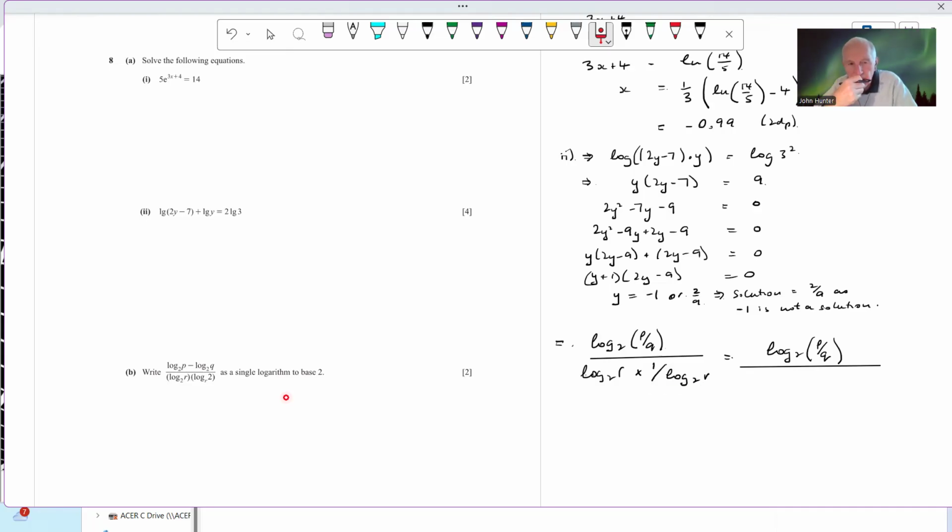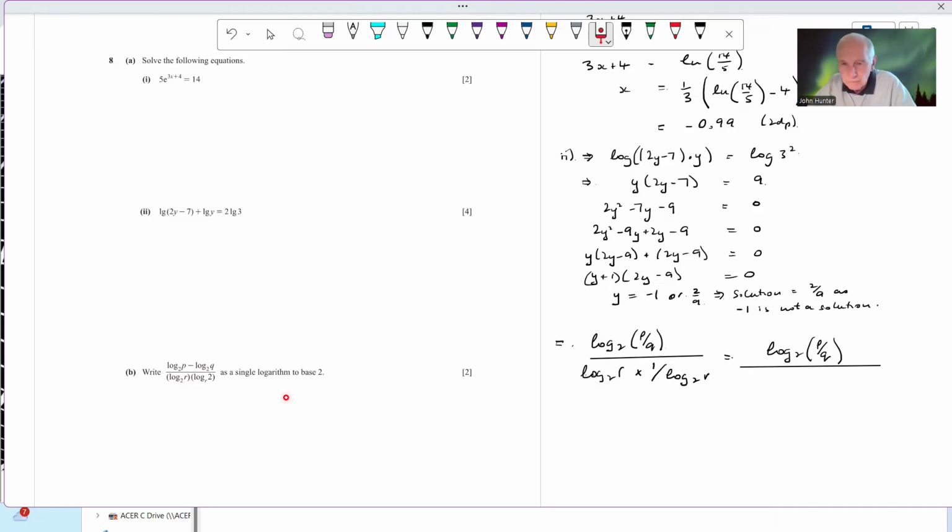Now we can use our log rules to do that. We've got the rule, sometimes we call it the fourth rule, that allows us to replace this with a quotient of logs, say natural log of 2 divided by natural log of r, and if we do that, we basically end up with this.